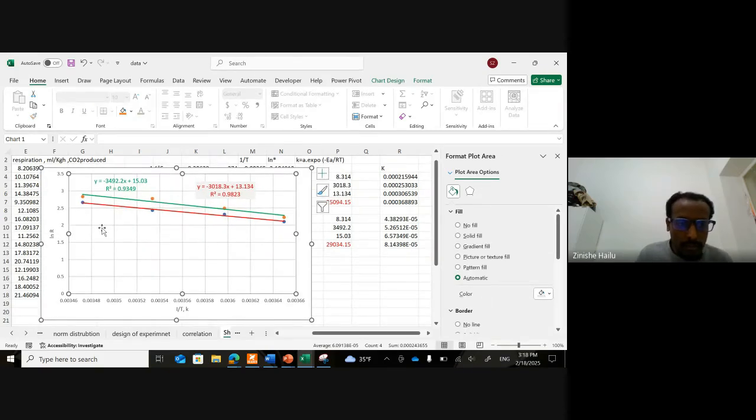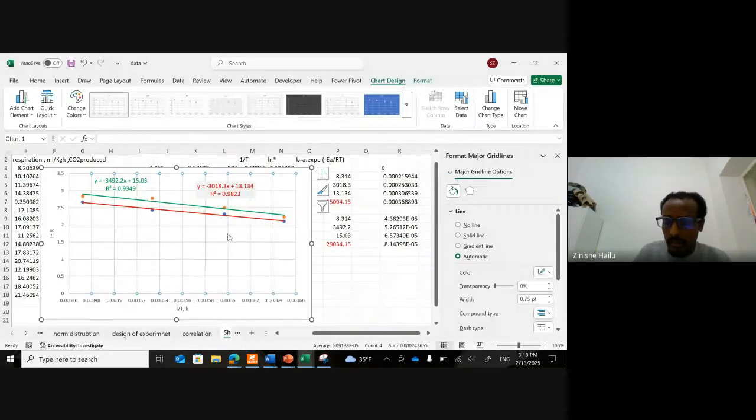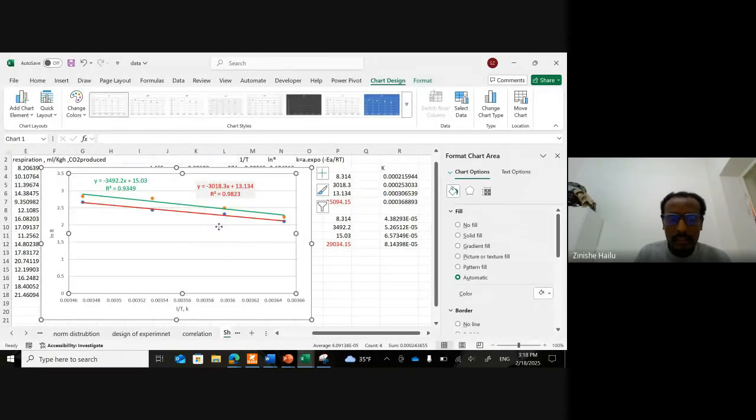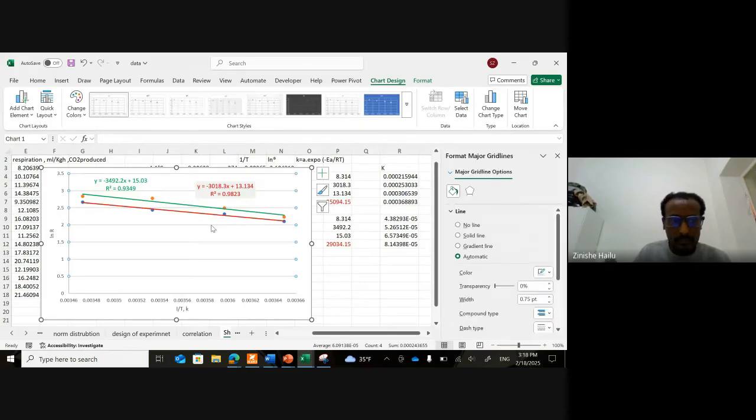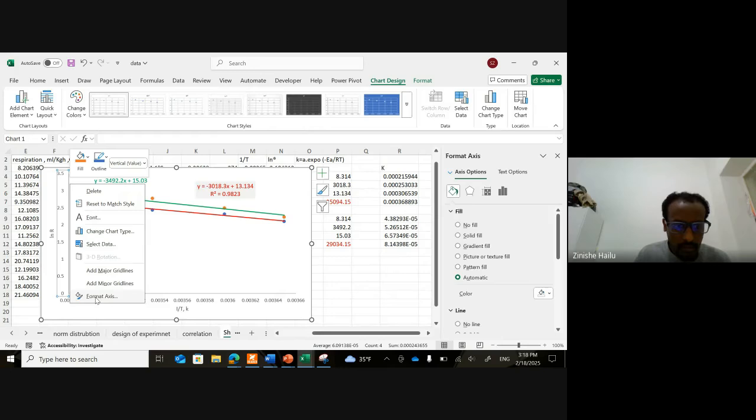You can make these beautiful plots. I can delete these grid lines, not necessary, and I can make this bold.